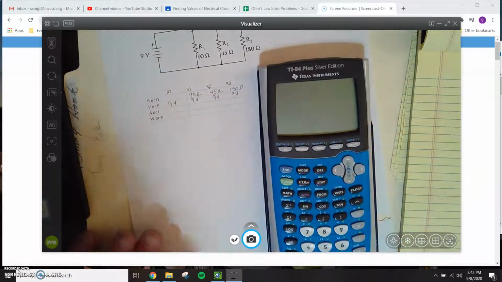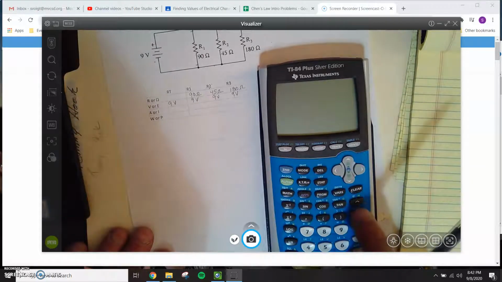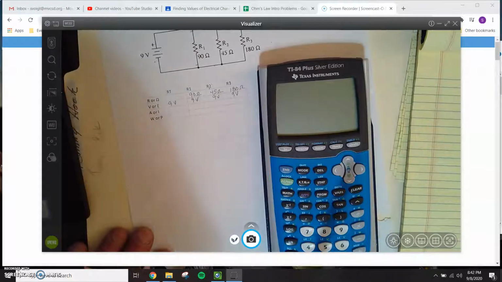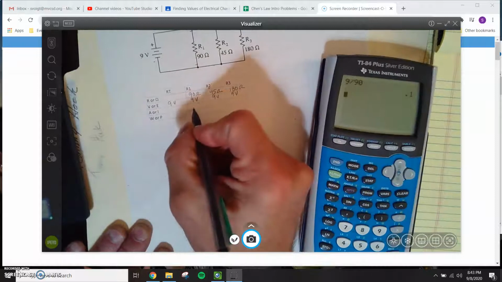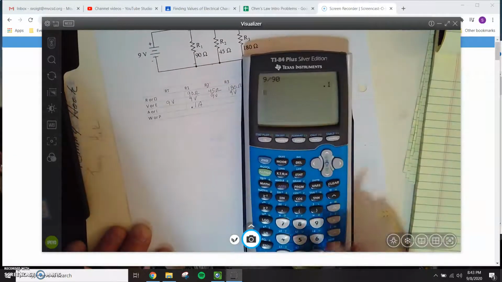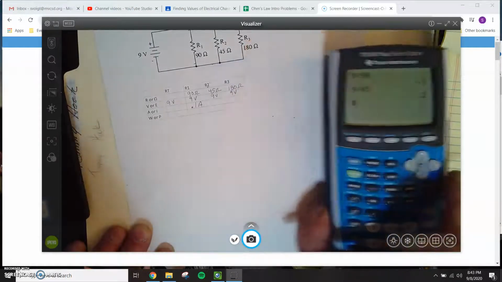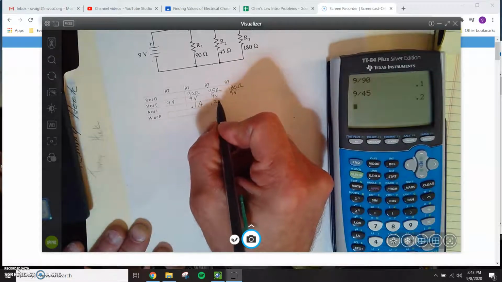So volts divided by ohms: 9 divided by 90, you're going to get 0.1. So we have 0.1 amps right there. 9 divided by 45 should get 0.2 because 45 is half of 90. 0.2 amps.